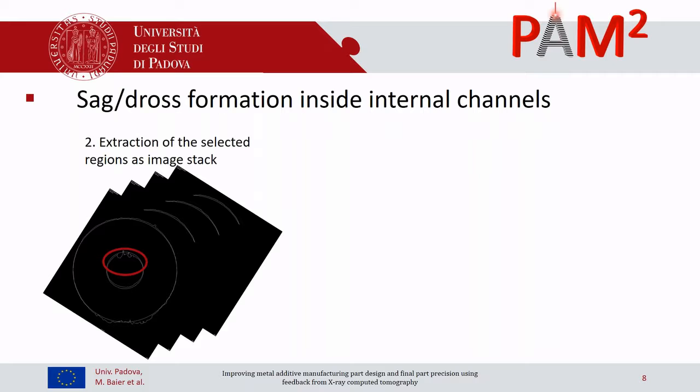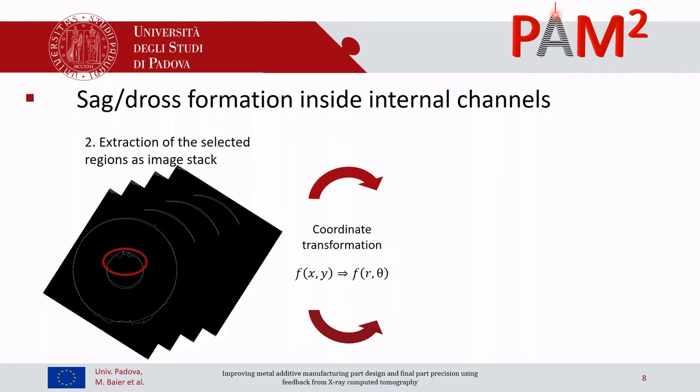What we then applied is a coordinate transformation of each of the images by selecting only the center and the inner channel of our images, to also reduce the amount of data which needs to be processed, because at some point it gets quite time consuming due to the size and the amount of images to process.